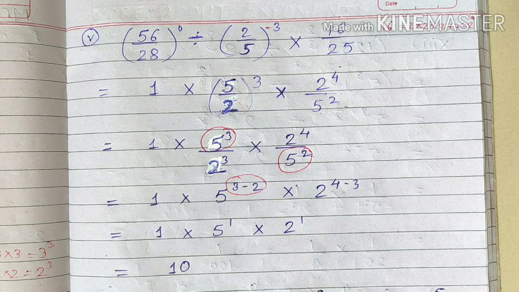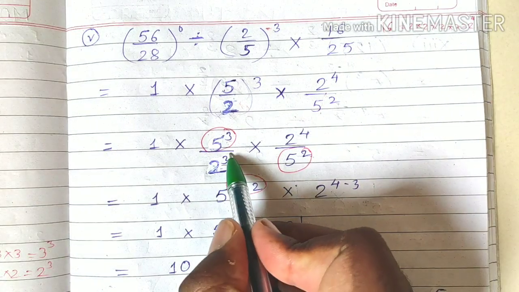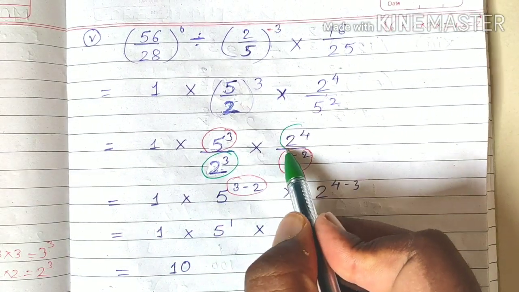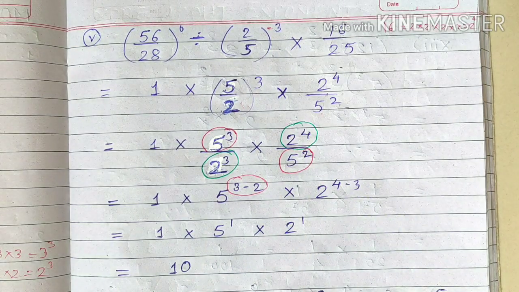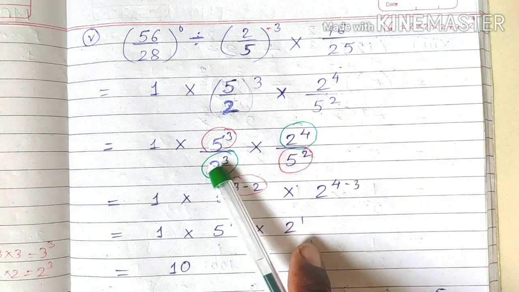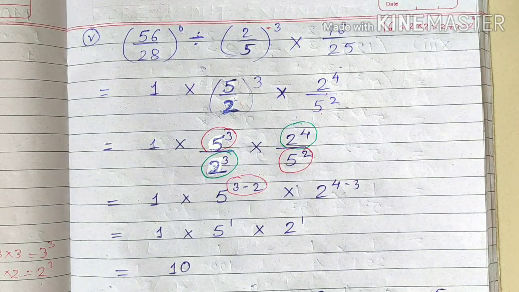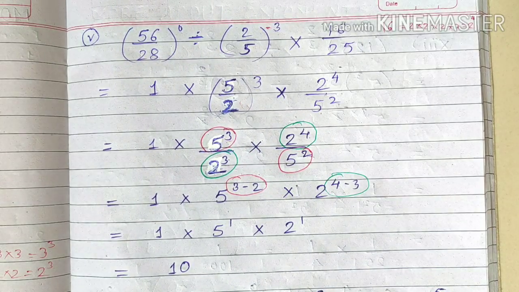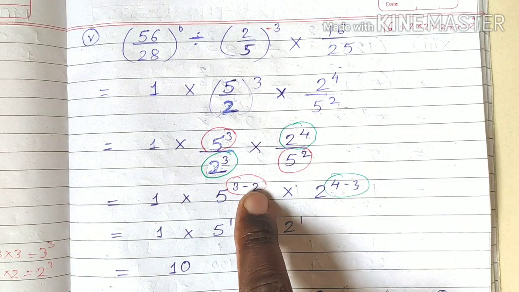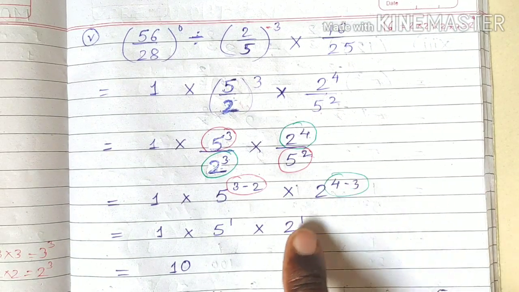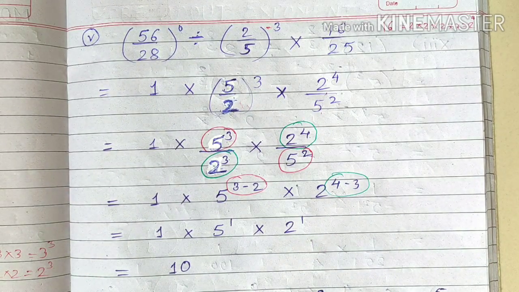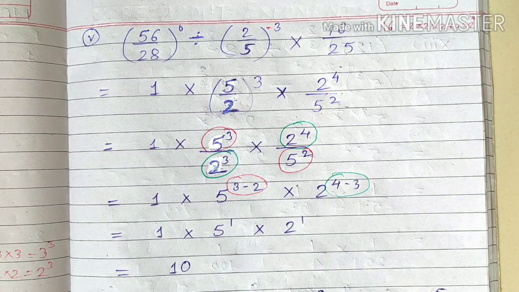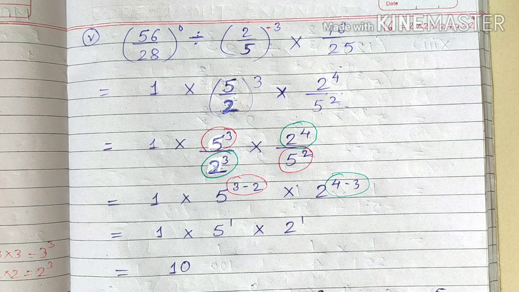And similarly, the same bases are with this number and also with this. They have the same base, 2 raised to 4 and 2 raised to 3. So again they are in division, so subtraction of their powers. 4 minus 3, subtraction of their powers. Understood? So subtraction of these two gives us 1. Again subtraction of these two gives us 1. So multiplication of everything gives us 10.